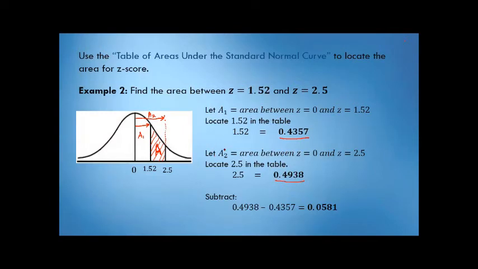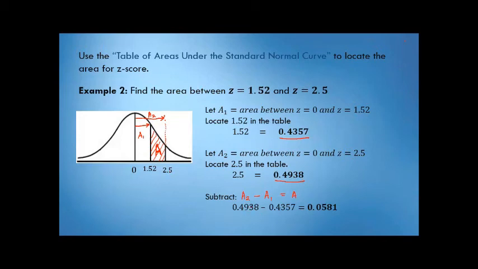Now, dahil meron na tayong area 2 at area 1, dahil ang kailangan lang natin ay itong part na to, ibig sabihin, yung area ng buong A2, bawasan natin ng A1 para ang matira nila yung A. So, ibig sabihin, buong area 2 minus the area 1 ay yung pinapahanap na nating area, which is between 1.52 and 2.5.